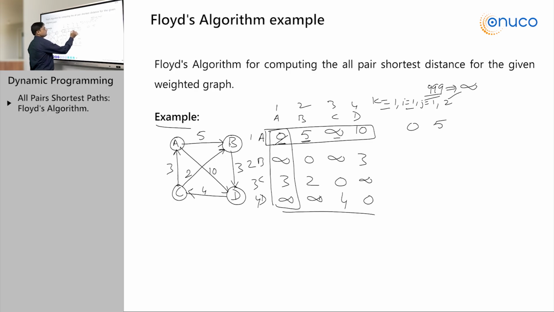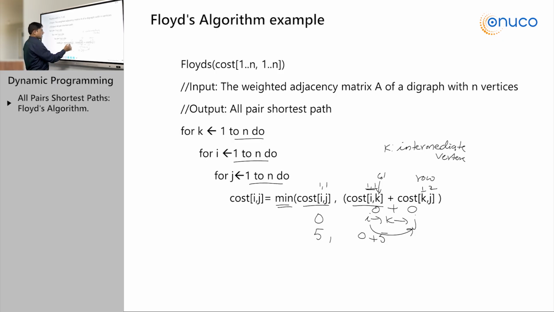Look, here is infinity, right? 1 3, j is 3, i is 1, k is 1. In that case, let us see. For ij, we are talking about the 1 3 position, and that value is infinity. If this value is infinity, we go to the right hand side. ik, both are 1, so it is 0.